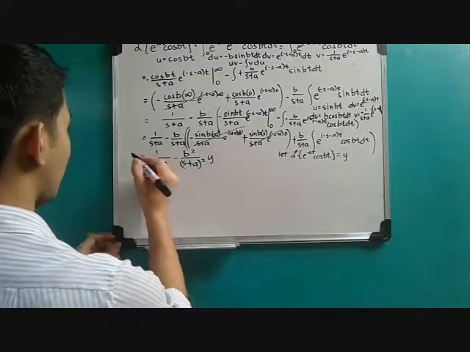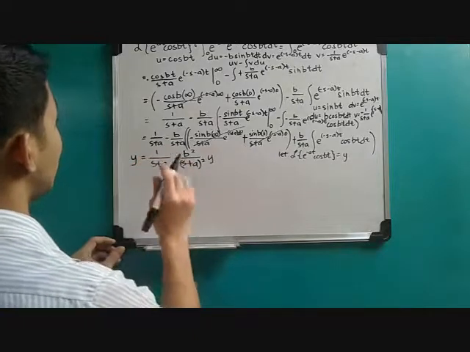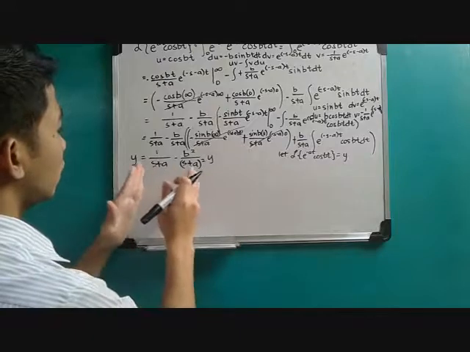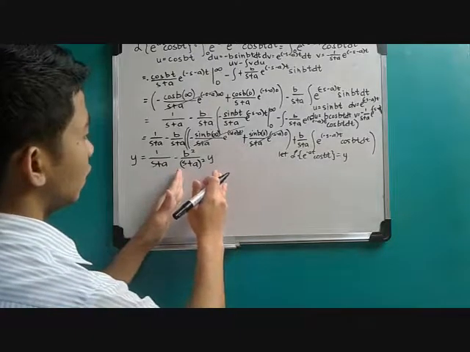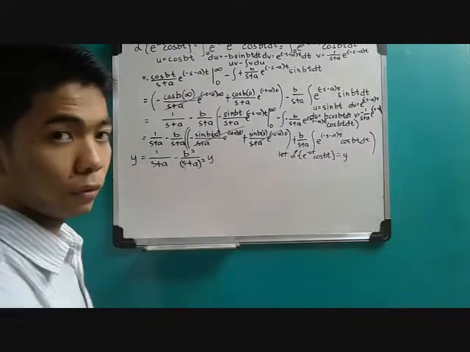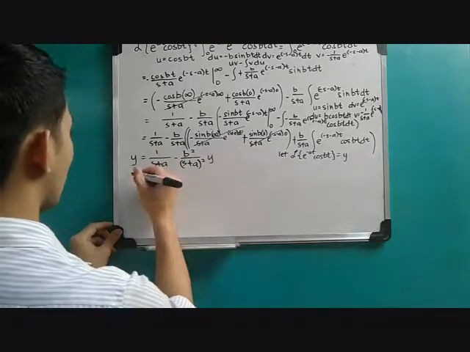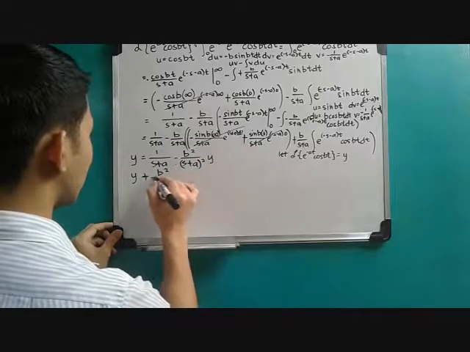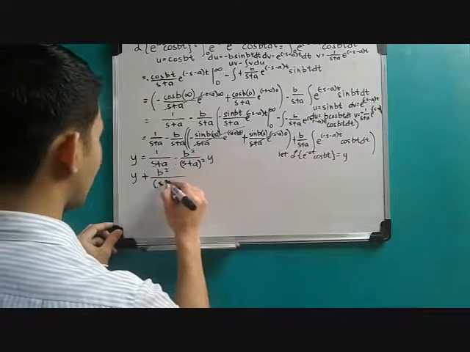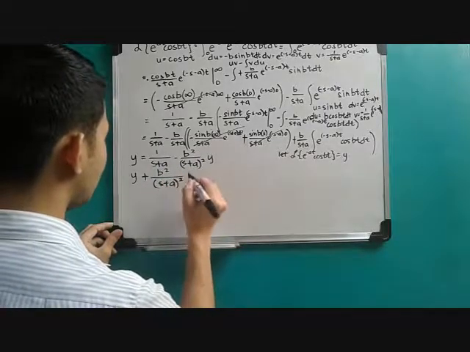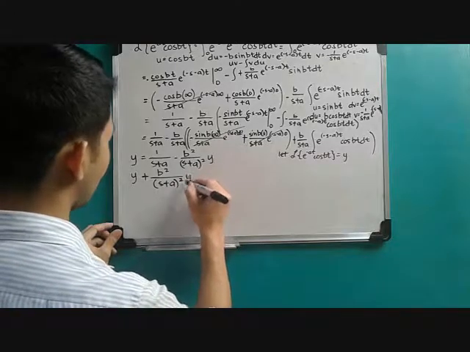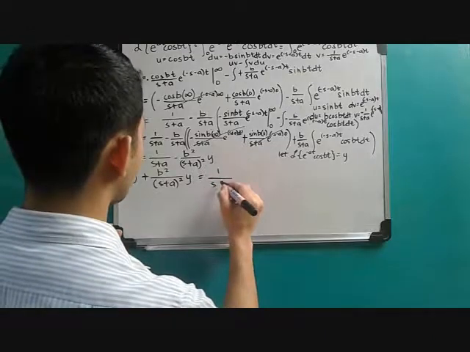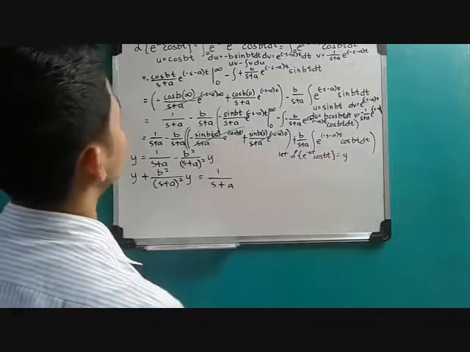And also don't forget there's a y here because the Laplace is equal to this equation. So transposing this to the left, this will become positive. So y plus b squared over quantity s plus a squared times y is equal to 1 over s plus a.